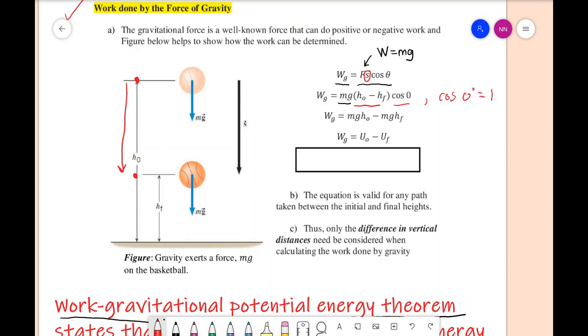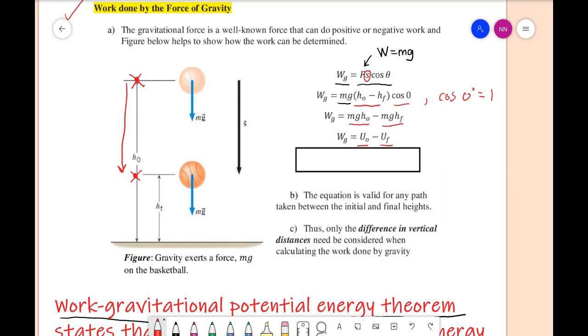So we can expand here. We get work done by gravity equals mg h naught minus mg hf, where mg h naught is the potential energy at this point, and Uf is the potential energy at this point, at final height.